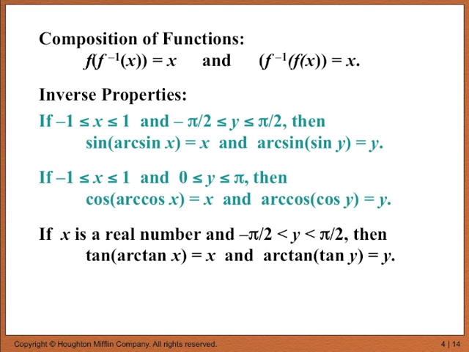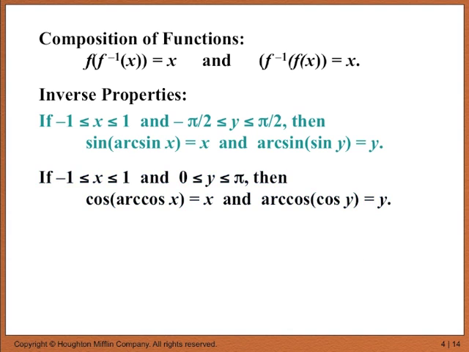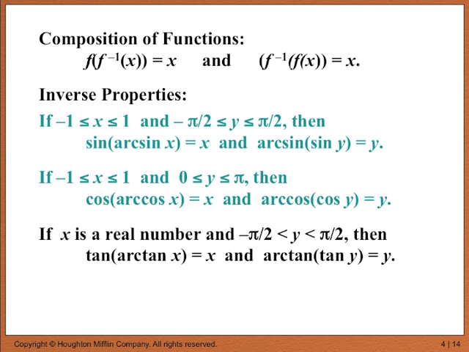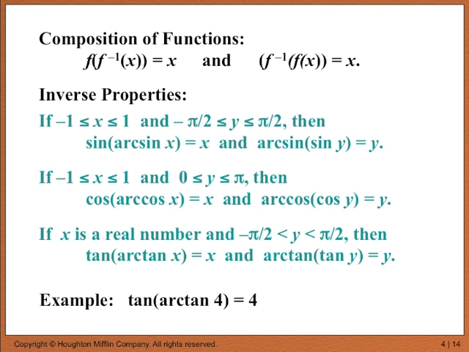The same is true of the cosine function, that the cosine undoes the arccosine and vice versa. And it also applies to tan and arctan in the same exact way. Example, tan of arctan 4 is just 4. Okay, so that's simple. It's really just a consequence of the definition of inverses. That's all it is.